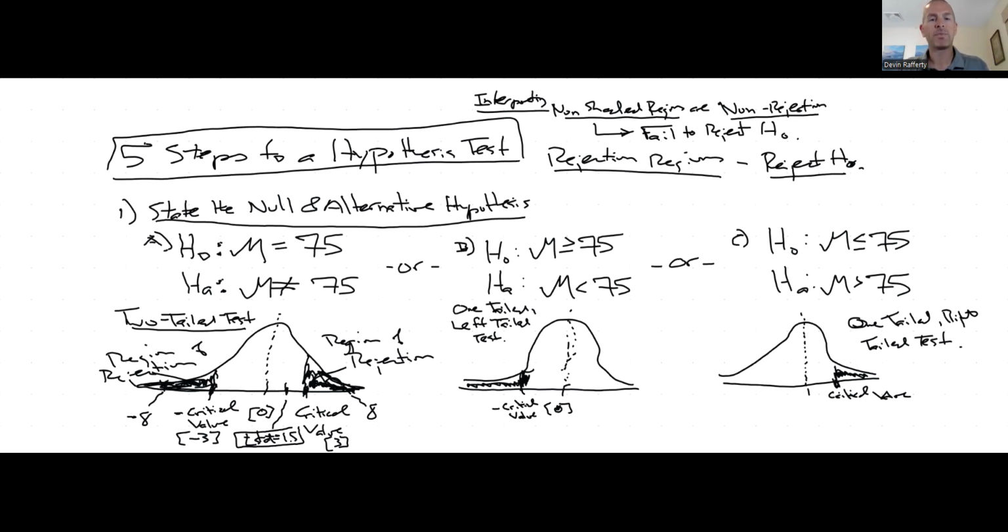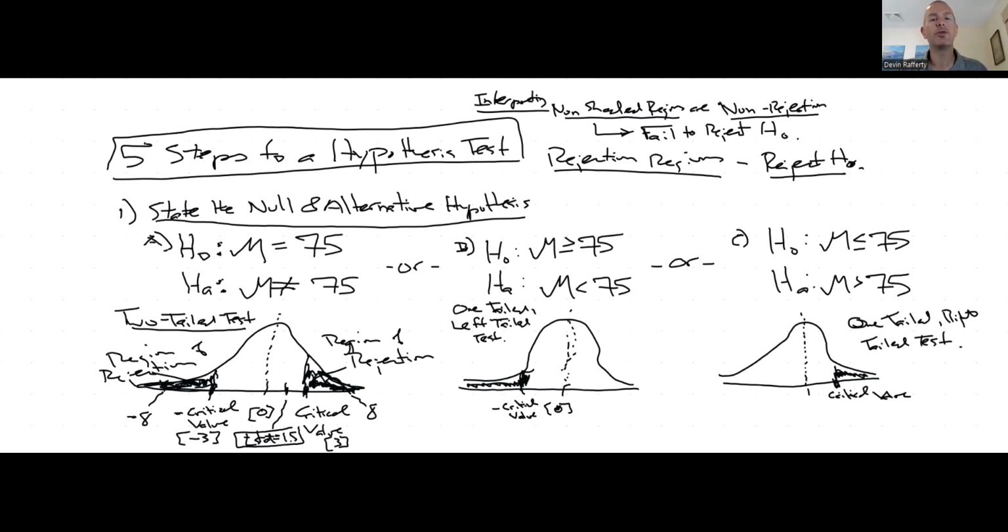But that's what we're doing here with a one sample hypothesis test: you are comparing the population against a specific value, and we are figuring out if we have a one-tailed test, like we do here, or a two-tailed test, like we do here.